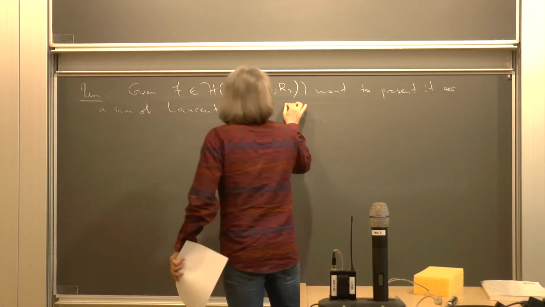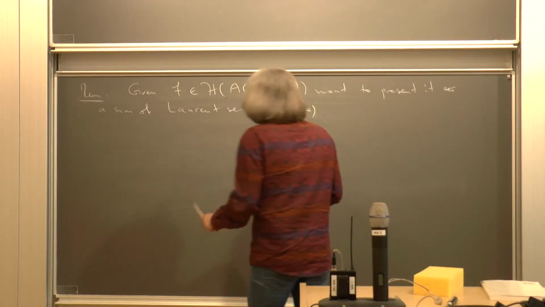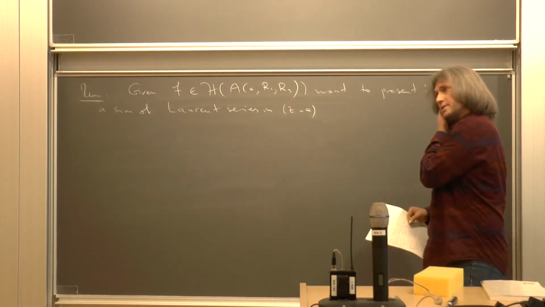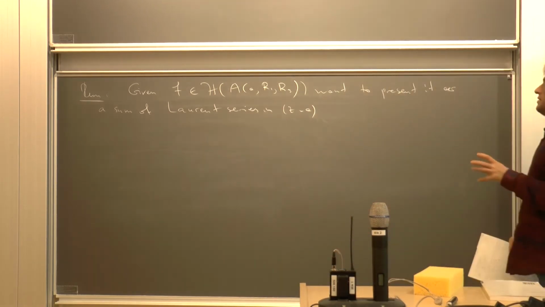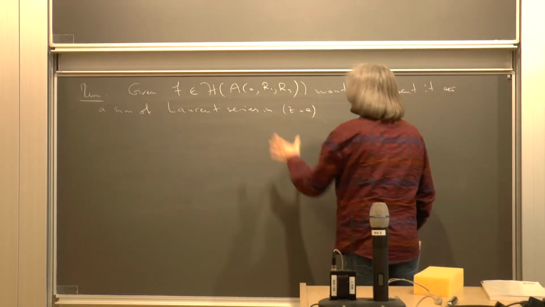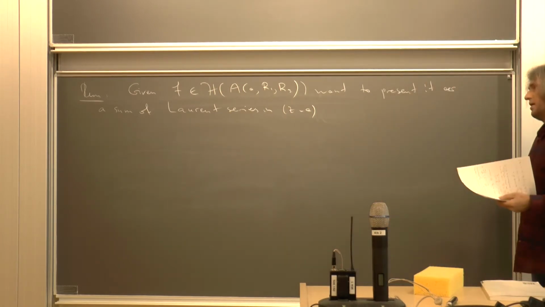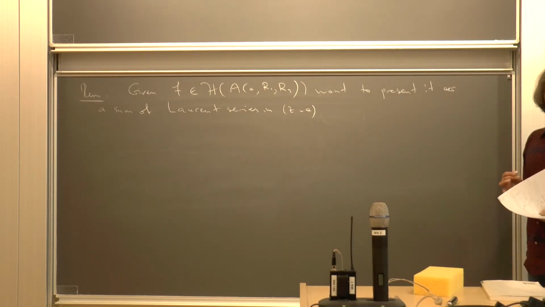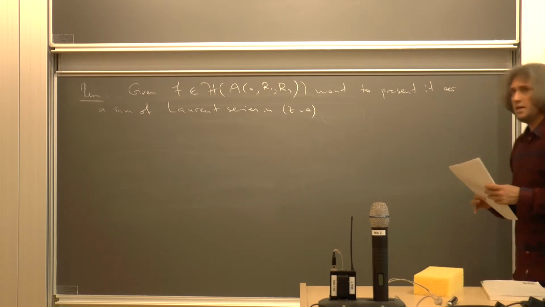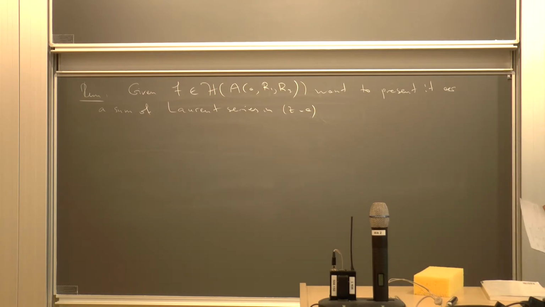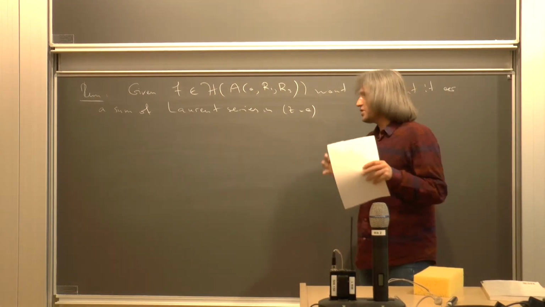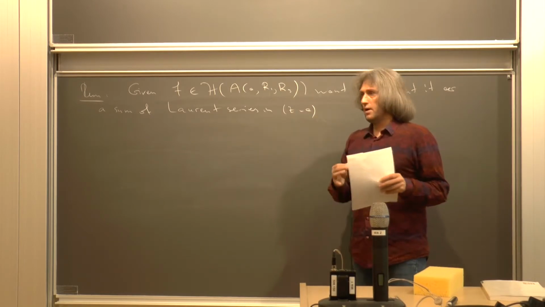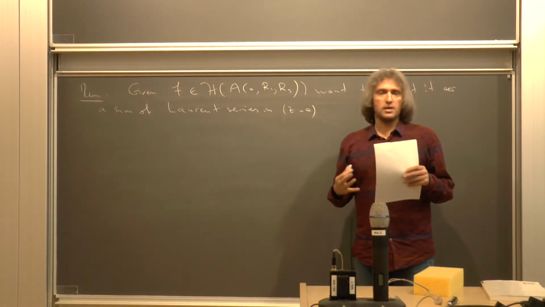in z minus a. So it's important when we study this that this point and the area, so this annulus we're studying, are part of the data. We'll see, in the end of the lecture, there'll be a big example which shows that it's not only about the point, it's also about the region, so this annulus in which we're finding the decomposition.